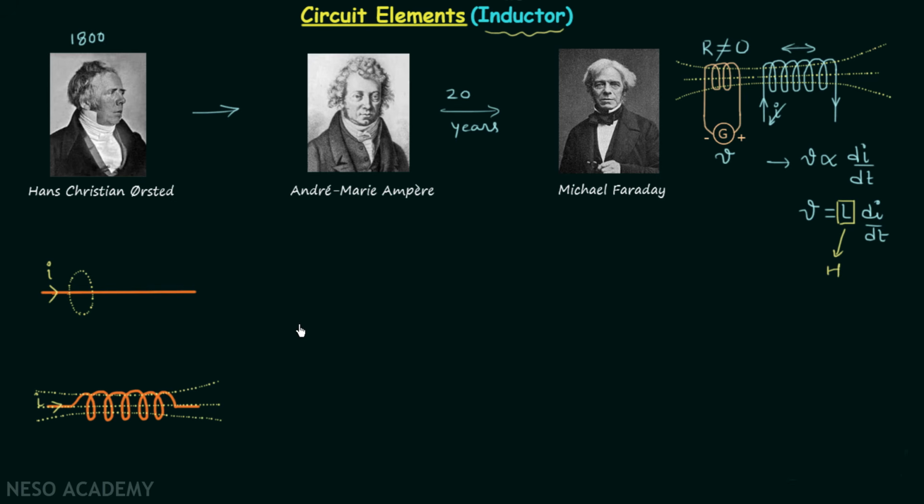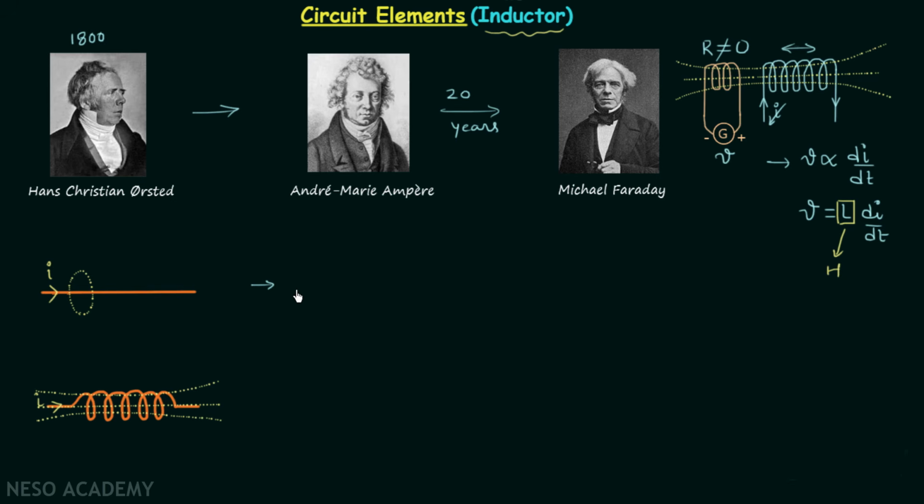Now we will move on to the next point, and according to this point, the induced EMF is equal to the time rate of change of flux, and we call this Faraday's second law.